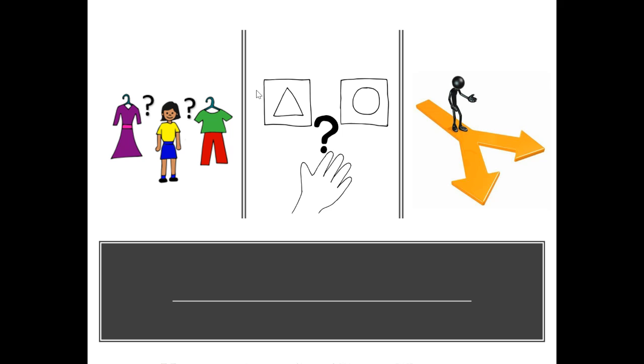In the second picture, I notice someone needs to decide if they want the triangle card or the circle card. In the third picture, it looks like the person has to decide or has a decision on where to go. He has two choices or she has two choices.